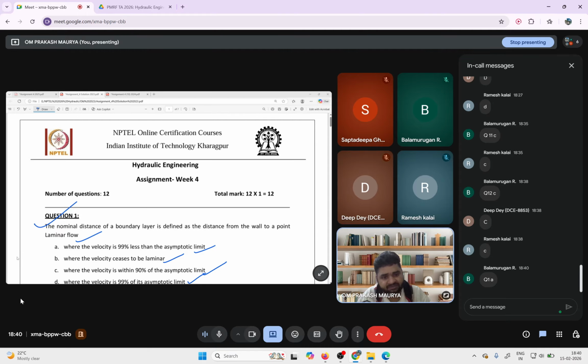Here, how will we know up to that much height is the boundary layer thickness? Ramesh is telling A option, fine. Bala also telling A, where the velocity is 99% less than the asymptotic limit.